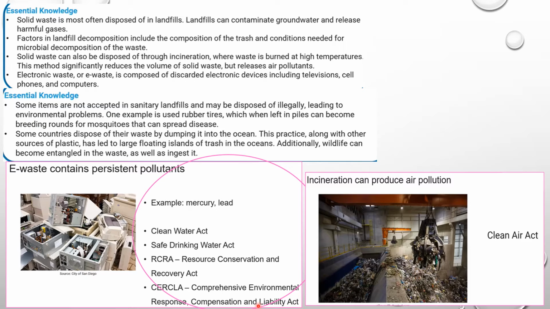And then the picture on the left is just a snapshot from AP Classroom, because e-waste contains persistent pollutants. Persistent, P-O-P, persistent, remember POPs? And in this case, we're not just looking at POPs, but just persistent because they don't break down easily in the environment and they're not metabolized easily. They just stick around.